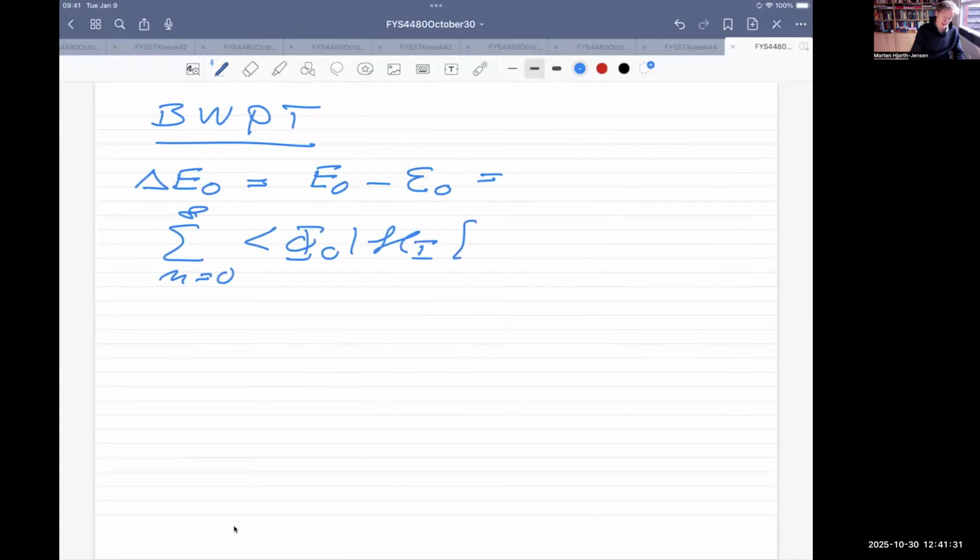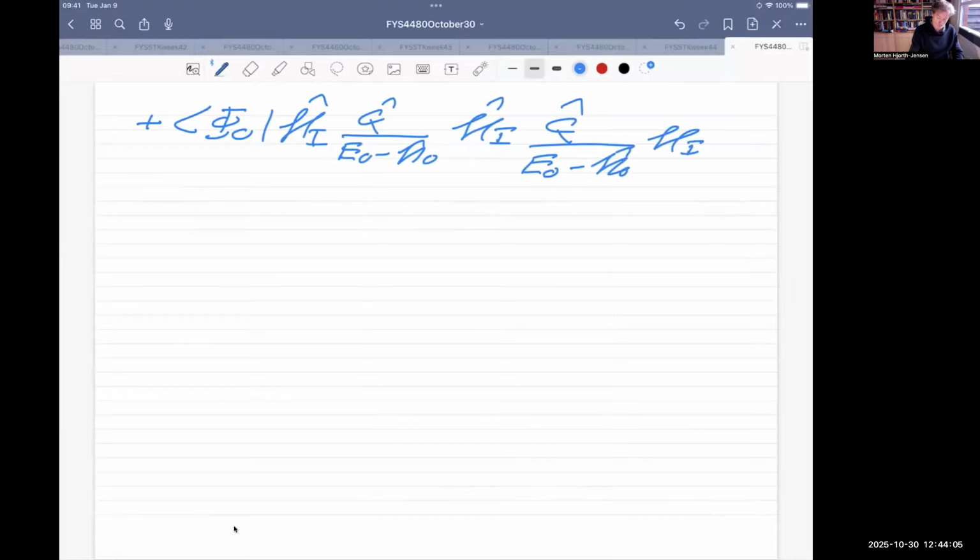So sometimes I forget it, and you have to excuse me for that. And this just continues to infinite order. So the equation which you see here would then be what we would call third order in the interaction.